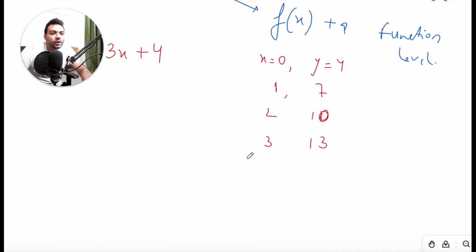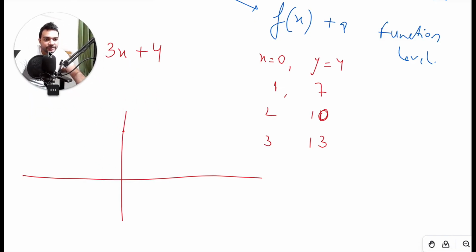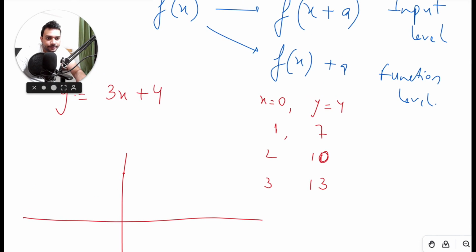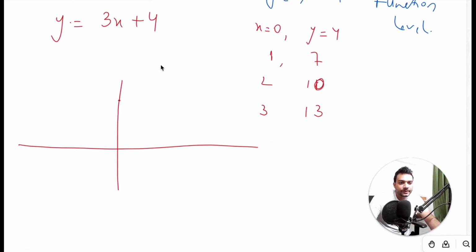Now let's draw the original graph. y is equal to 3x plus 4. The y-intercept is at 0, 4. This is here. X-intercept, that means when y is 0, x is equal to negative 4 by 3.